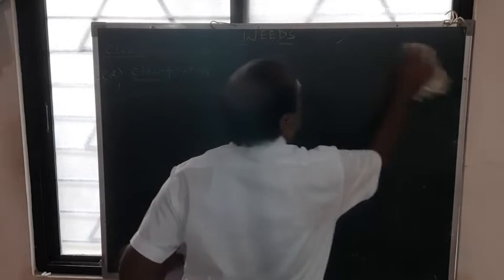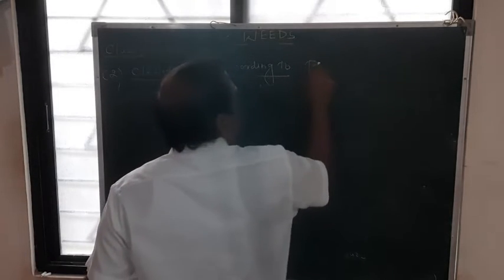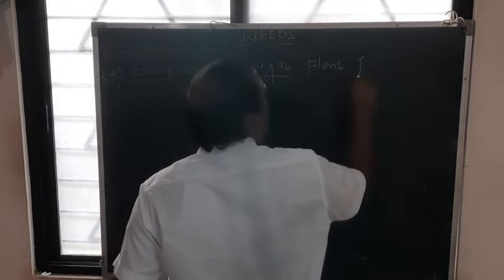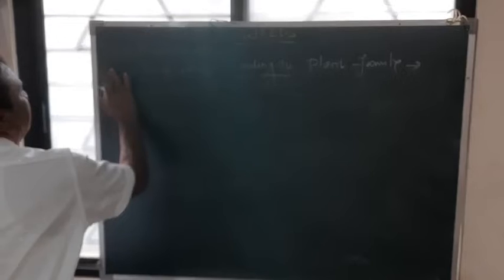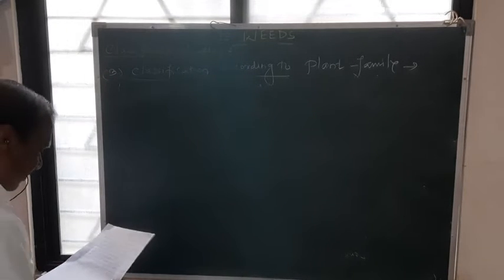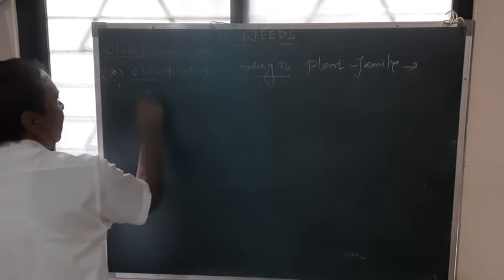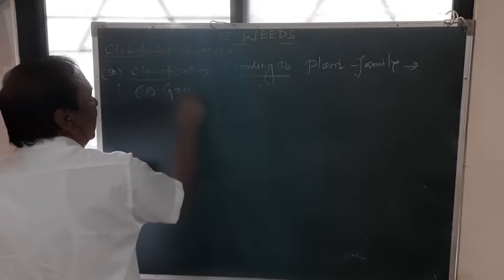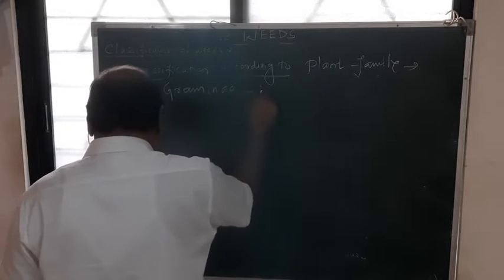Then third is classification of the weeds according to plant family. This is the third type, based on the plant family. Weeds are classified according to the family to which they belong. Number one is Gramineae.